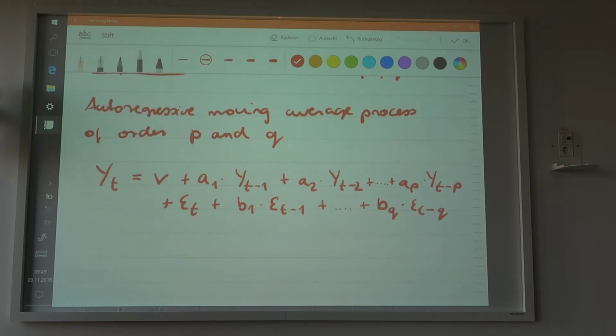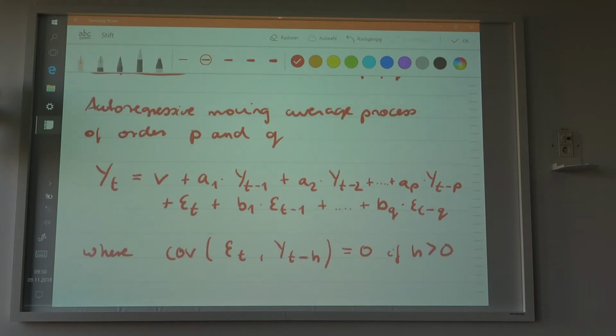So you have the usual part: the white noise has the variance sigma squared and the expectation is 0, but you need to consider that the covariance of the current observation of the noise with the past observation of the process, y_{t-h}, is equal to 0 if h is greater than 0.